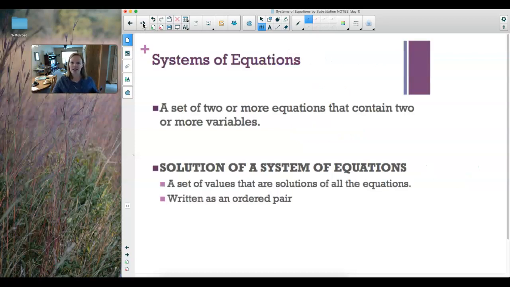Okay, here we go. A system of equations is a set of two or more equations that contain two or more variables. The variables that you are typically going to see are x and y. That is our most common set of variables.